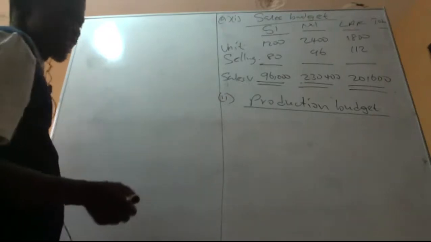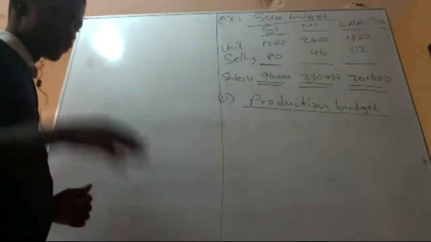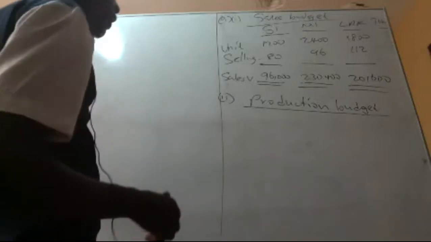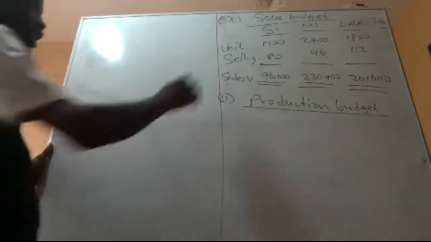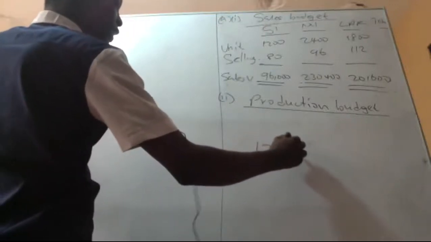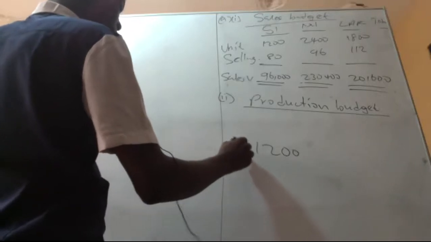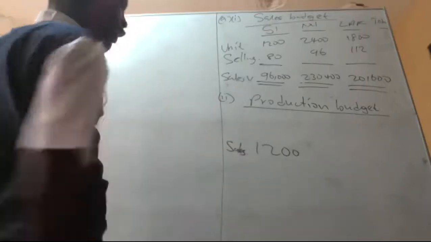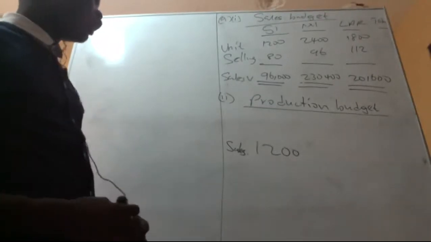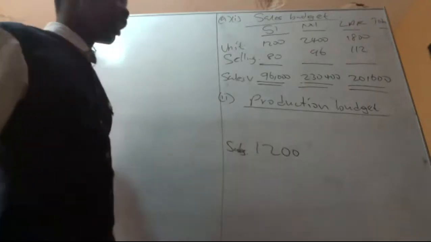Let's assume that you produce and sell, and for the whole year your sales is 1,200. Let's assume that you don't have any opening inventory and you don't have any closing inventory. How many units should you produce before you can sell your 1,200?